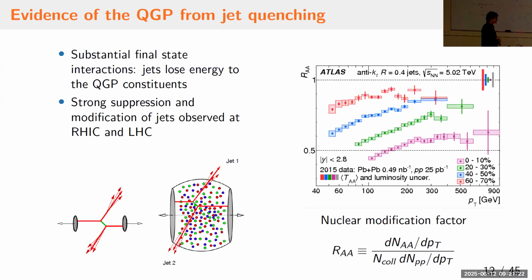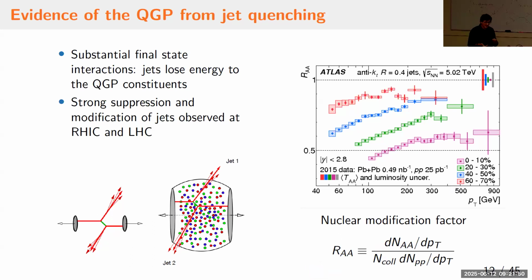So now, what is the emblematic observable that is used to indicate jet quenching? It's called the nuclear modification factor. What we do, we look at the spectrum of jets as a function of their ET. We look at the yield in nucleus-nucleus collisions divided by the yield in proton-proton collisions, properly normalized by the number of collisions.